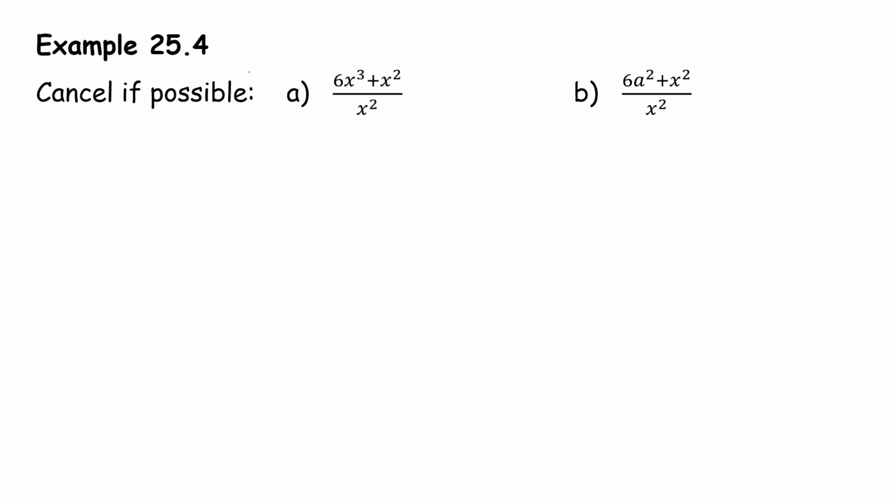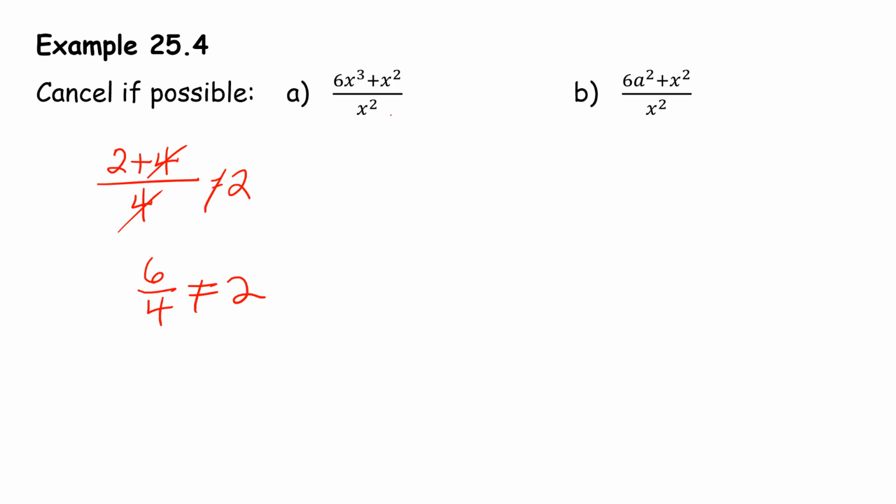That will not work. It is not true because look, if I have 2 plus 4 divided by 4 and I cancel the 4's and say that equals 2, well, it doesn't equal 2. It's 6 over 4. That does not equal 2. So no, that is not going to happen.